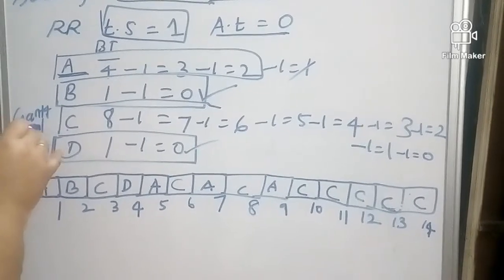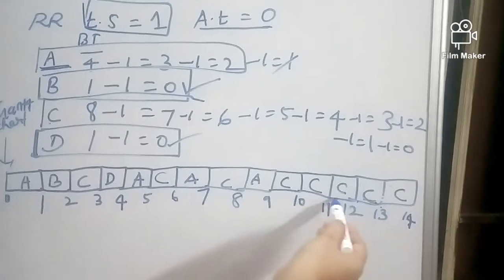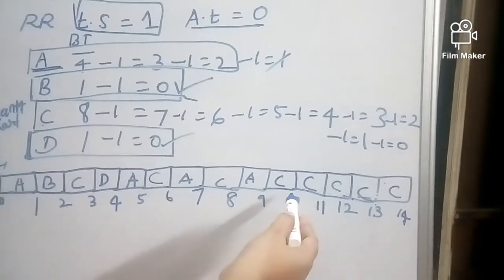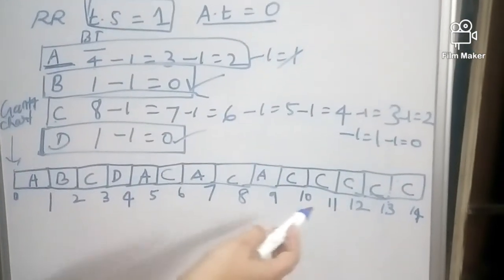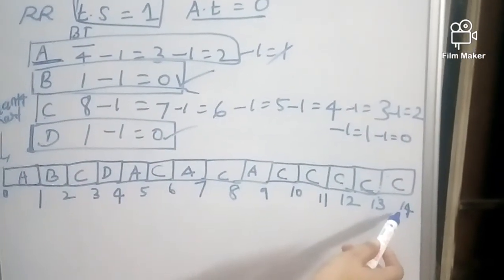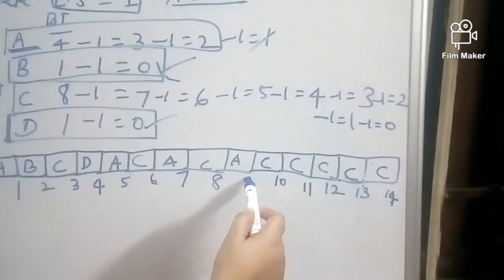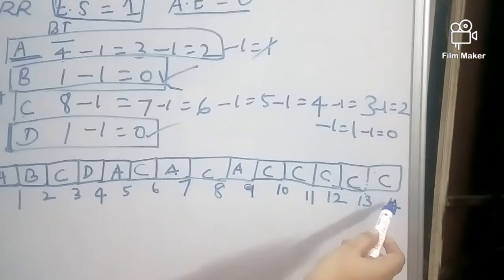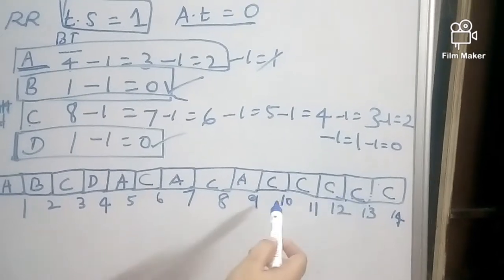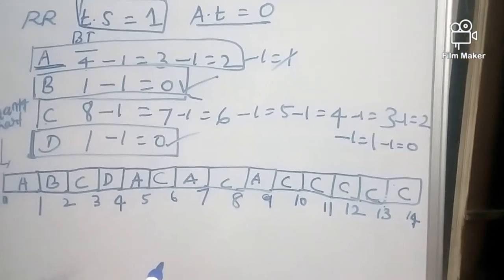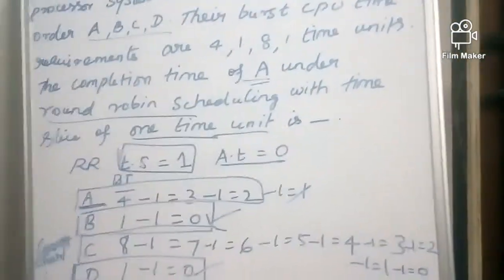From time 9 to 14, all the processes are only C. So the completion time of C is 14, but here our question is only about A. So the completion time of A only.